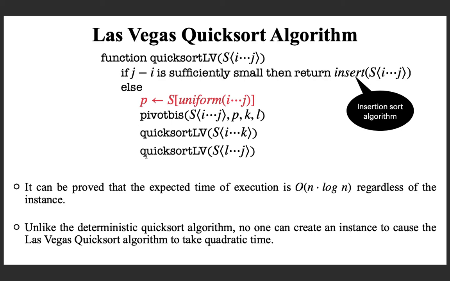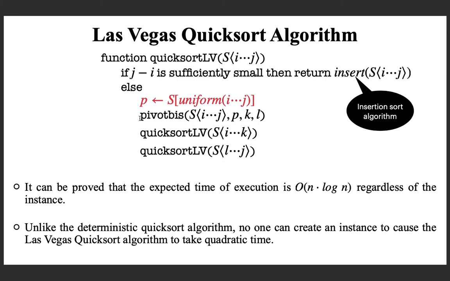And unlike the deterministic quicksort algorithm, no one can create an instance to cause the Las Vegas quicksort algorithm to take quadratic time, order of n square. Whatever be the input, it doesn't matter. You can prove that the expected time of execution is n log n. But in the case of a deterministic algorithm, it doesn't matter whether you select the first element as the pivot always, or any element but which is fixed.